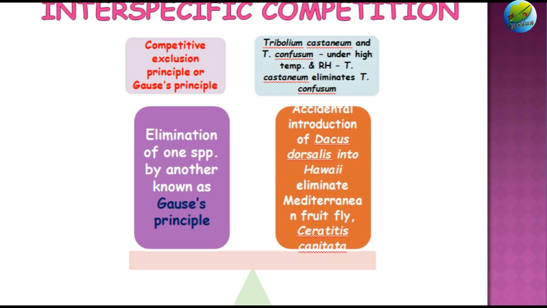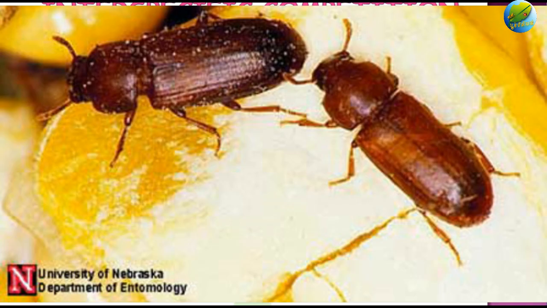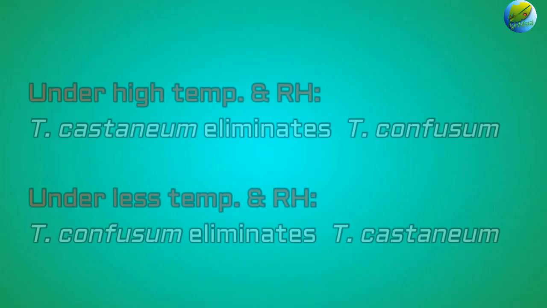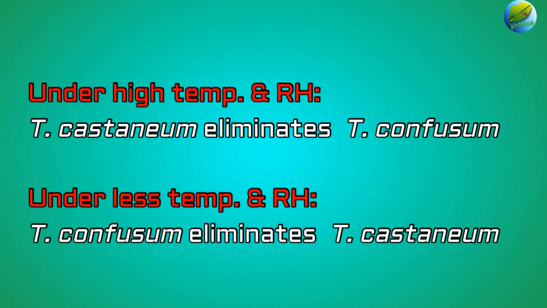For example, when the flour beetles Tribolium castaneum and Tribolium confusum were grown in the same jar of flour, one species eliminates the other. Under high temperature and relative humidity conditions, Tribolium castaneum eliminates Tribolium confusum, and vice versa under low temperature and relative humidity conditions, when Tribolium confusum eliminates Tribolium castaneum.